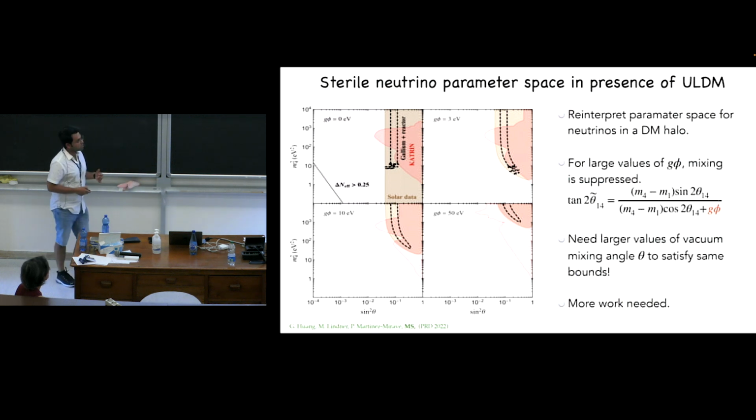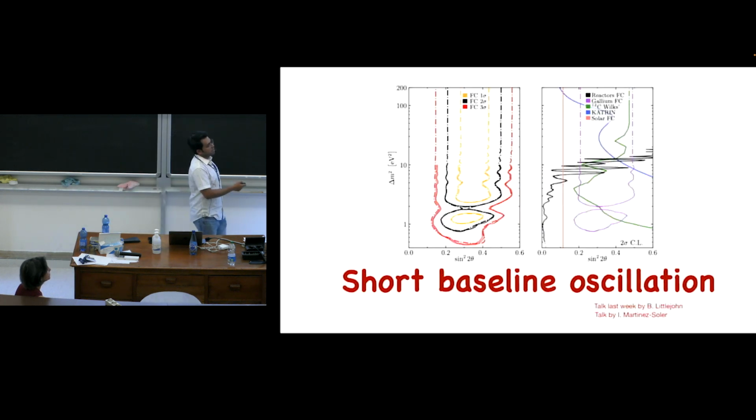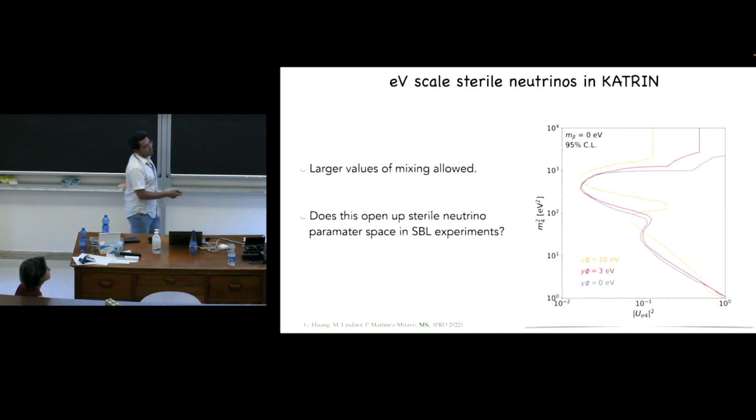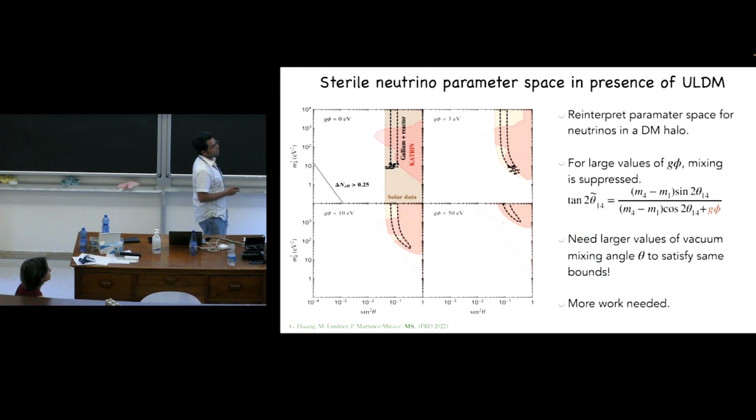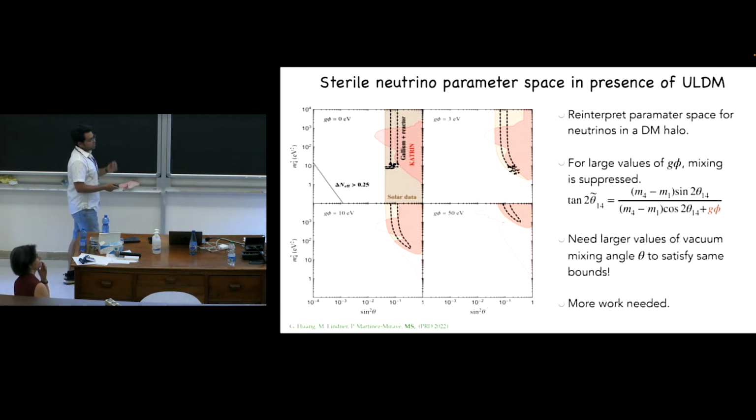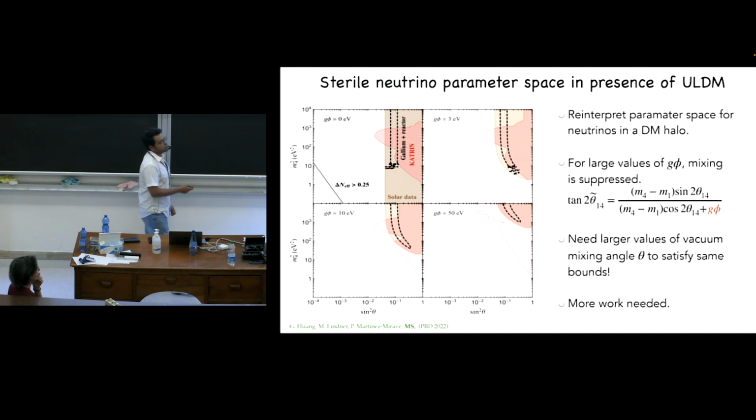Now imagine you turn on this new coupling. You go back to this region where larger values of the mixing are allowed, because you're now suppressing your effective mixing angle in a dark matter medium through this kind of coupling. Whatever your vacuum angle is, the experiments are essentially sensitive to the mixing angle in this medium, which means that to satisfy the same regions, you would have to go to larger values of your vacuum mixing angle.